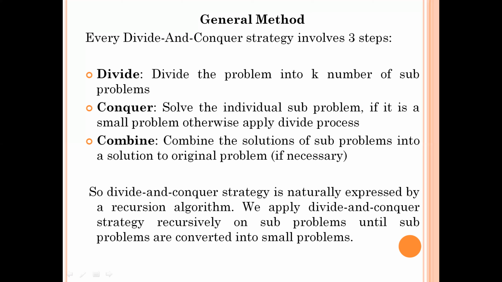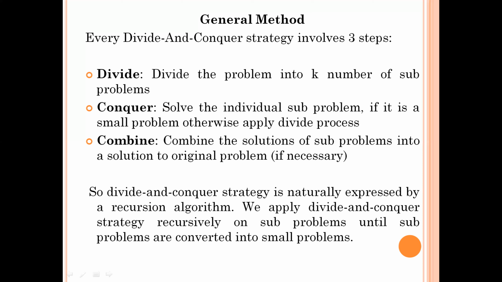In the division process, the stack will be increasing step by step. While combining, r1 and r2 will be combined first, because they are on the top of the stack. After combining the r1 and r2 solutions, you will get the solution for p1. Similarly, you get the solution for p2.